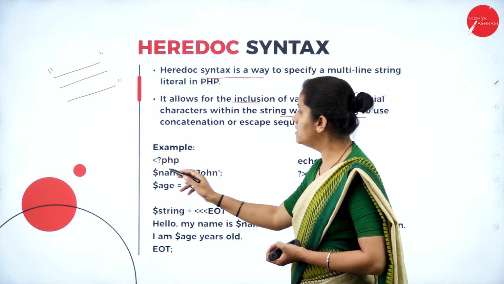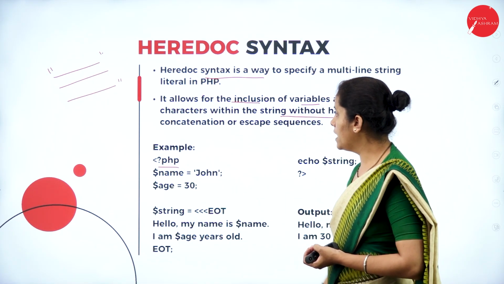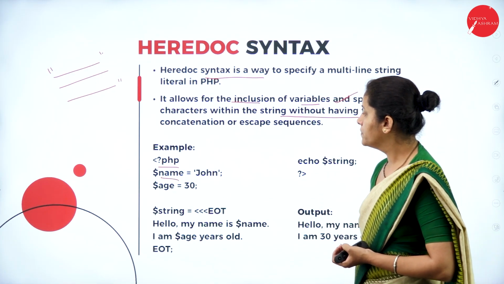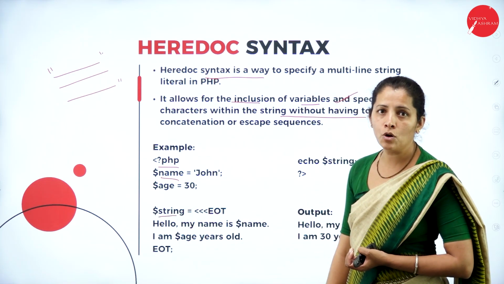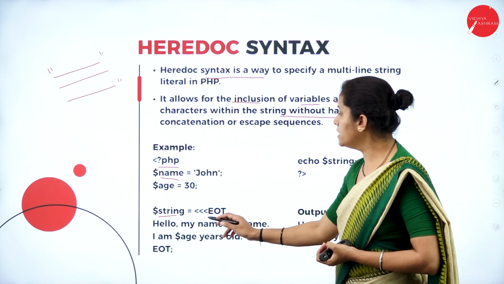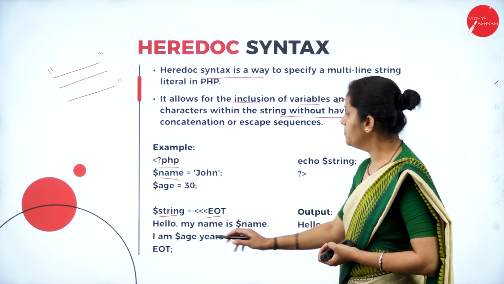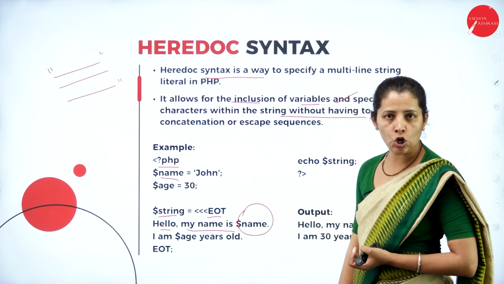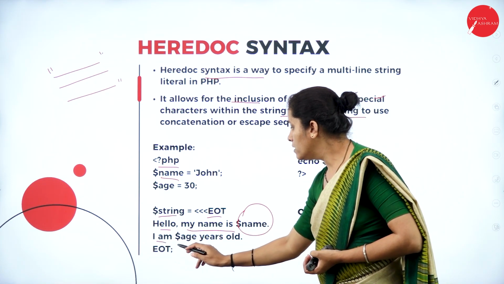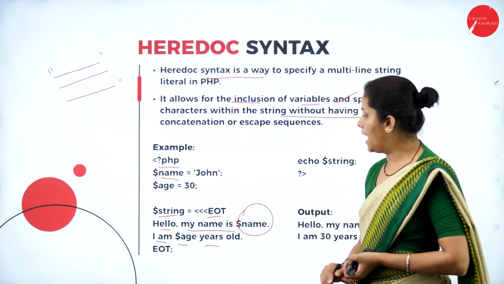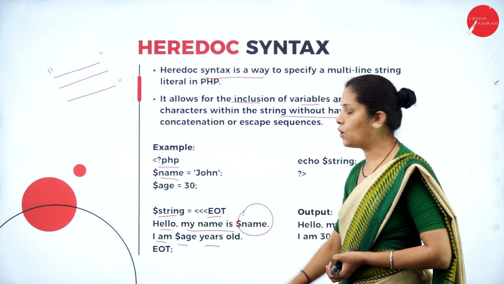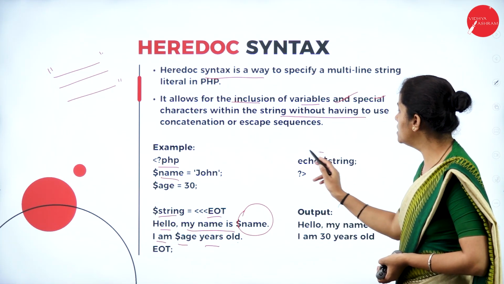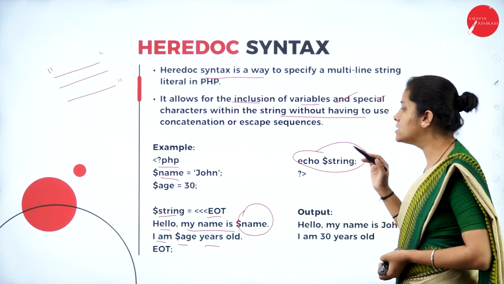See here, it is my PHP script. I have name John, and the age is 30. I'm taking the variable called string, and I'll start with EOT. Hello, my name is, I want to display the name John, and I am age years old. Then I close the here doc, that's nothing but the EOT, the end of the EOT. Now I'm printing, echo string.